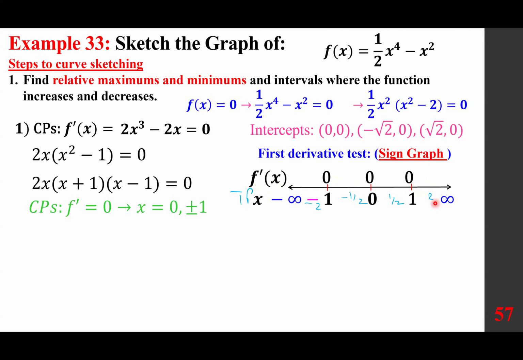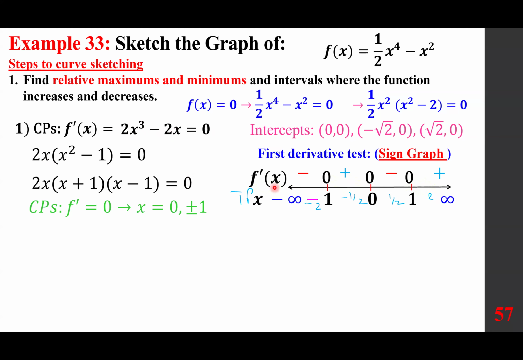For example, if you put 2, and you can put it in either this format or this format, it makes no difference. But whatever it is, if I put it here, 2 cubed is 8 times 2 is 16, minus 4 is 12, becomes positive. If this is positive, they will alternate: positive, negative, positive, negative.